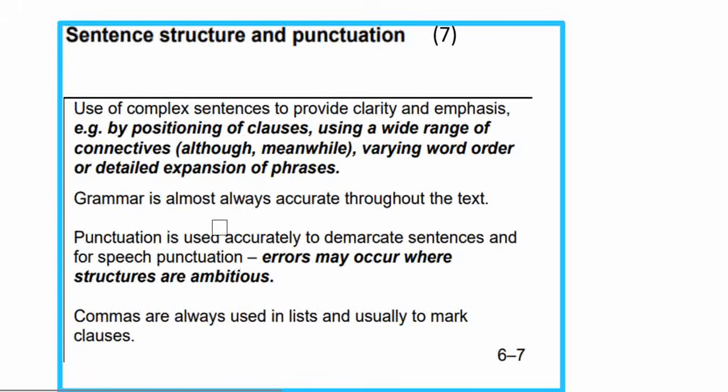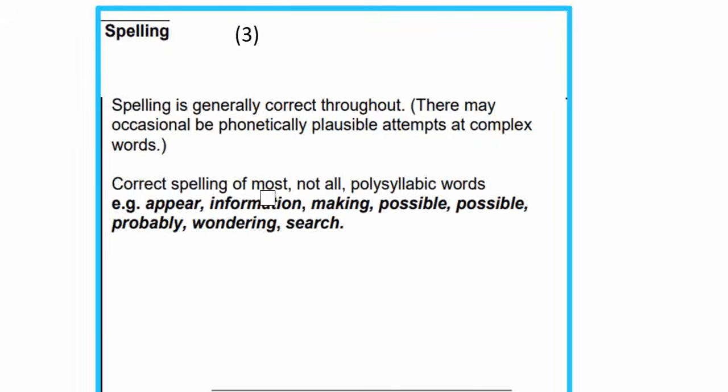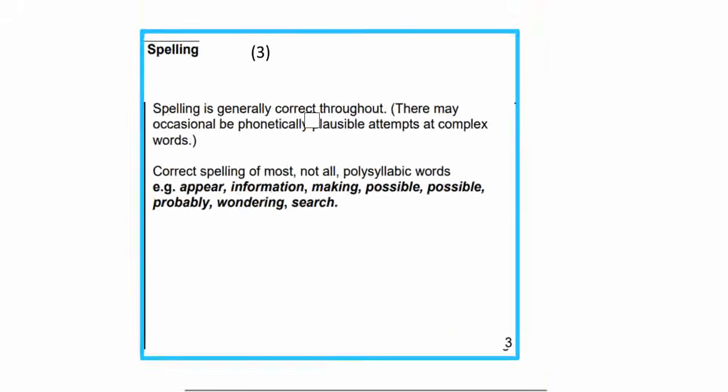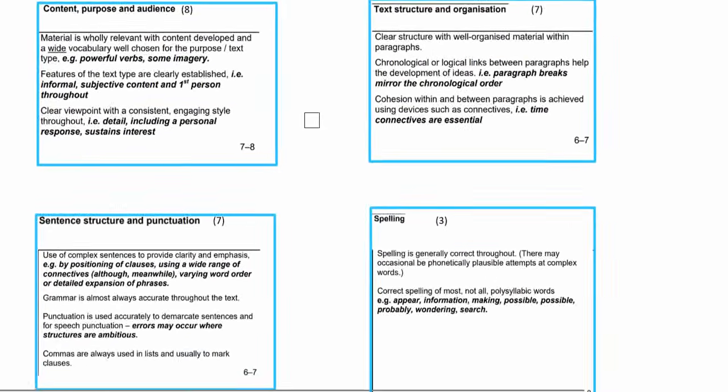Sentence structures and punctuation: use punctuation accurately, and also use complex sentences, a wide range of connectives and varying word order, and also correct grammar as accurately as possible. Spelling will be up to 3 marks if we use correct spelling. Well, that all sums up to 25 marks, the 4 marking points here.